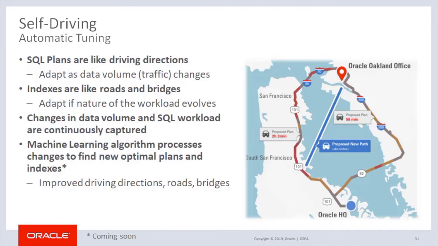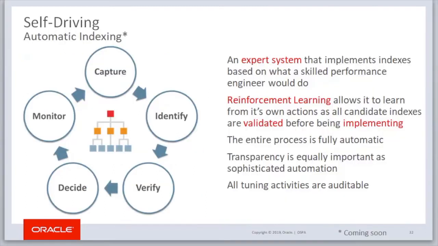Changes in data volume and SQL workloads are continuously captured, and machine learning algorithms process changes to find new optimal plans and indexes. An expert system that implements indexes based on what a skilled performance engineer would do is part of the environment.